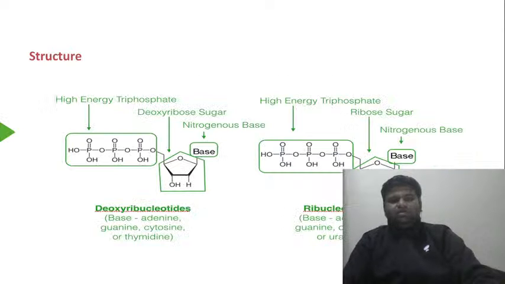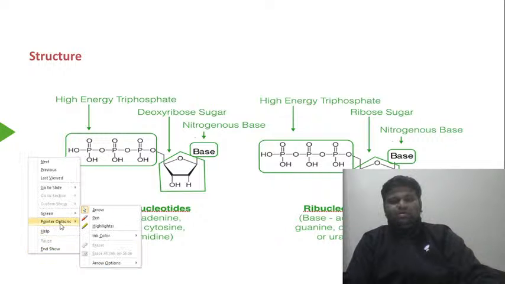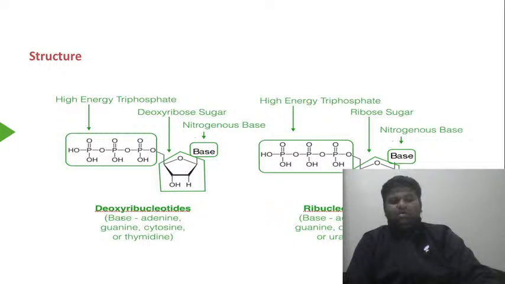So let's see the structure before beginning. There are deoxyribonucleotides, and the bases are adenine, guanine, cytosine and thymidine. The nitrogenous bases are attached to the phosphate group.